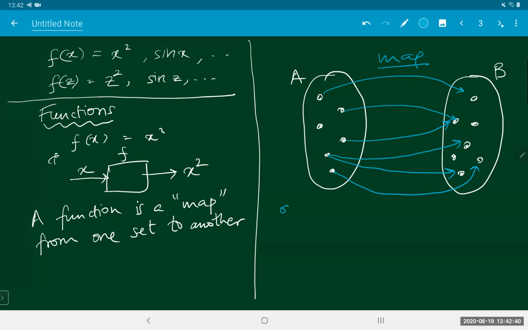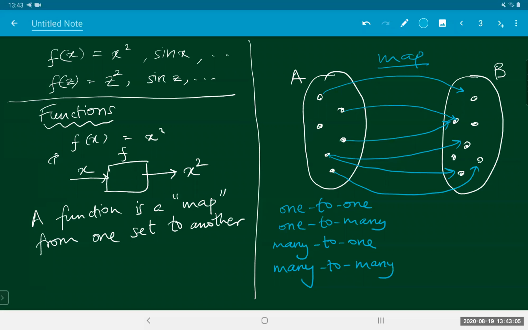So there are four kinds of maps that you can define. You can have a one-to-one map, a one-to-many map, a many-to-one map, or a many-to-many map. Do the names intuitively make sense?